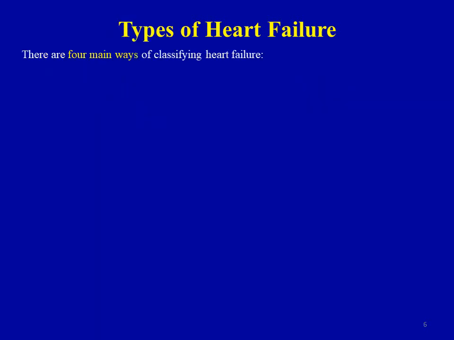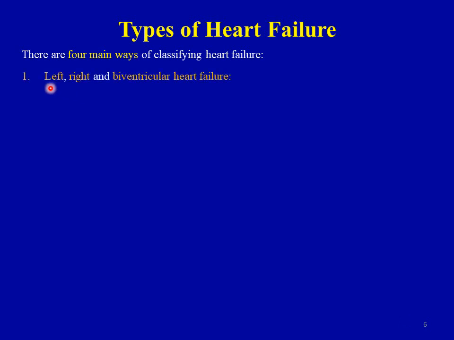How do we classify heart failure, or what are the different types of heart failure? We have four main ways of classifying heart failure: based on which ventricle, the anatomical classification, the functional or hemodynamic classification, and two other classifications. Let's start with the anatomical.